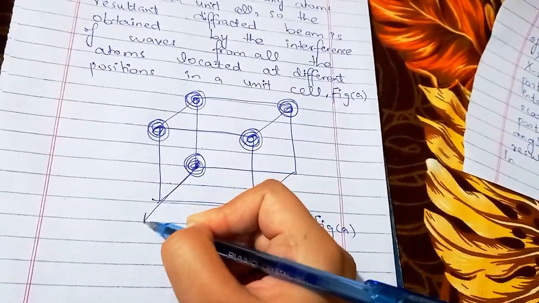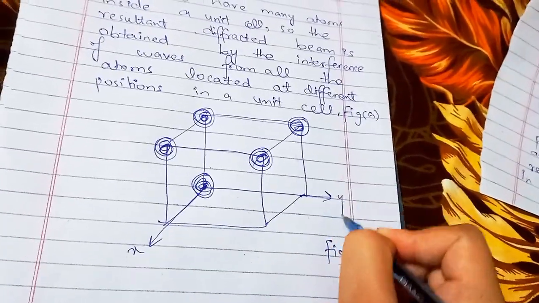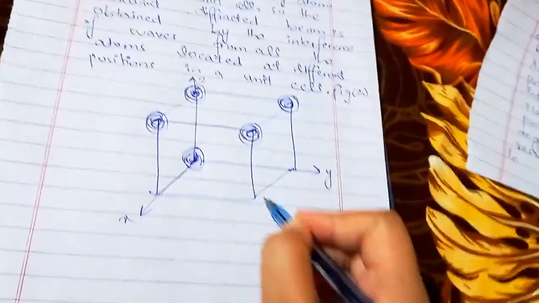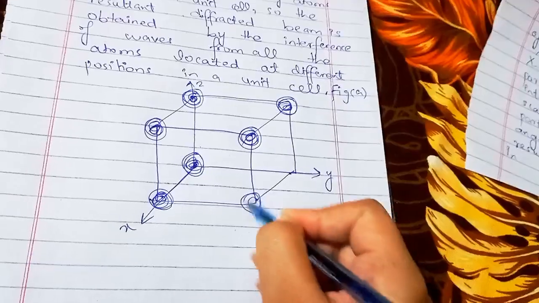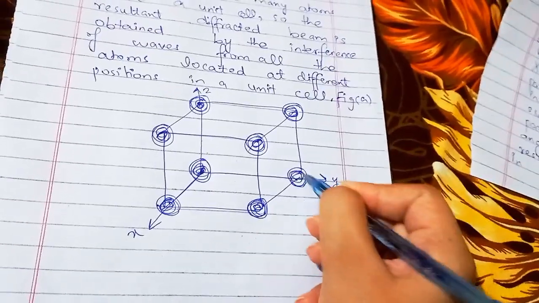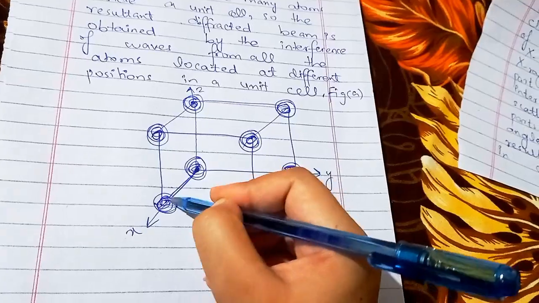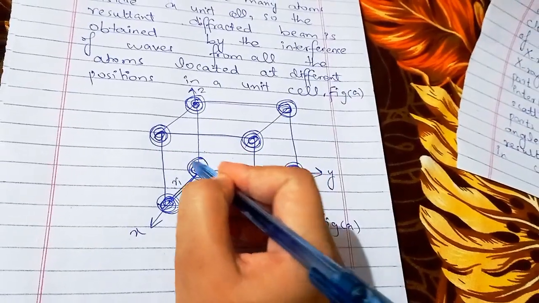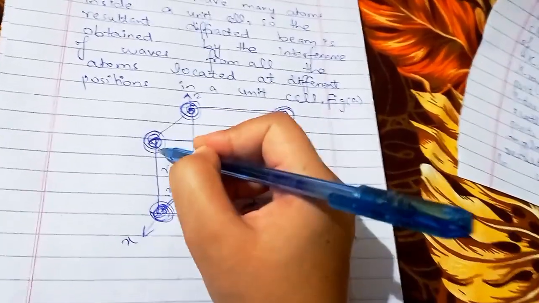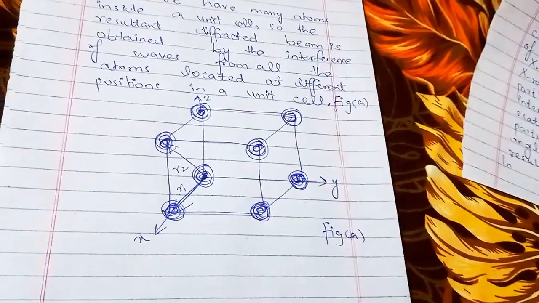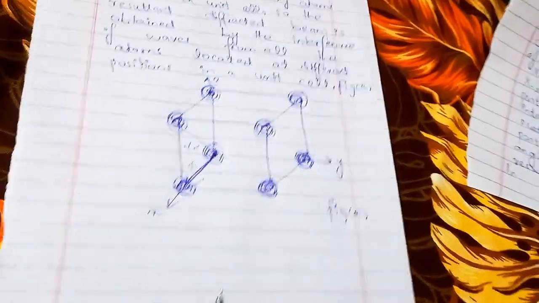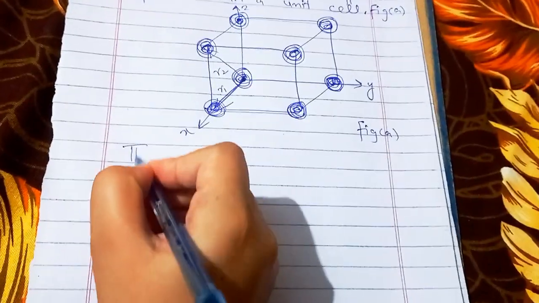This is the x-axis, this is the y-axis, and this is the z-axis. You can draw it. You can see this is the origin, and this is the r1 vector, for example, and the r2 vector.